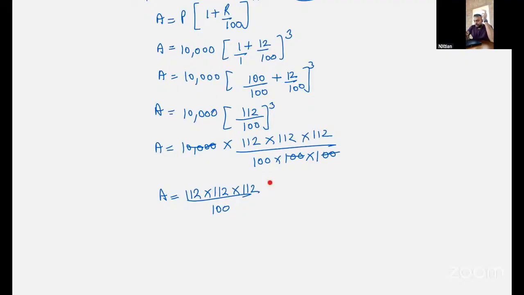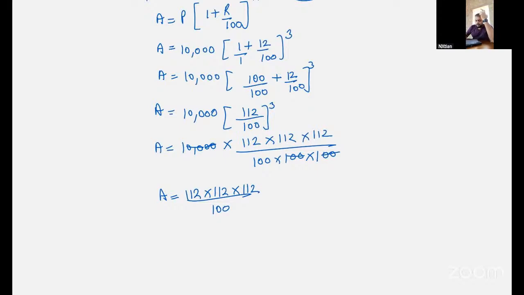So I have to use my brain. I have that talent of abacus. So 112 multiplied by 112 is 12,544. And then again 112. 12,544 into 112 is going to be around 14,490. So it will be around 14,000.